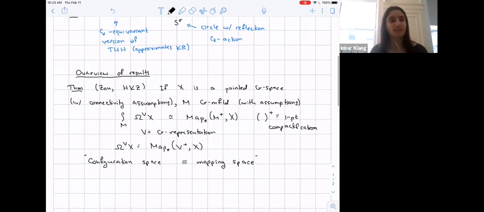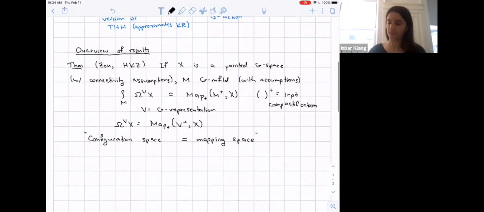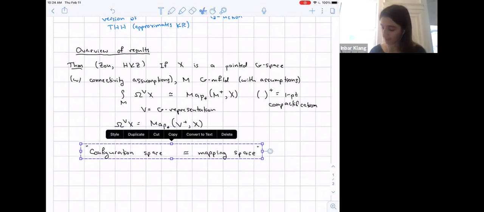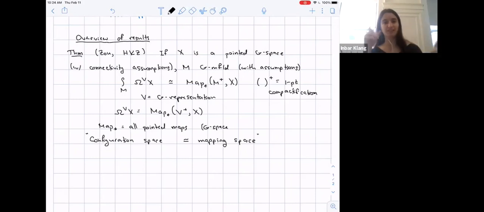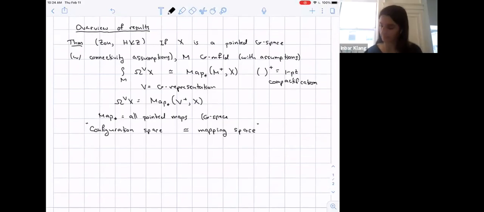There's also a question: does map mean G-equivariant maps? No, this mapping space is all pointed maps, and it's a G space with an action coming from conjugation, acting on source and target.